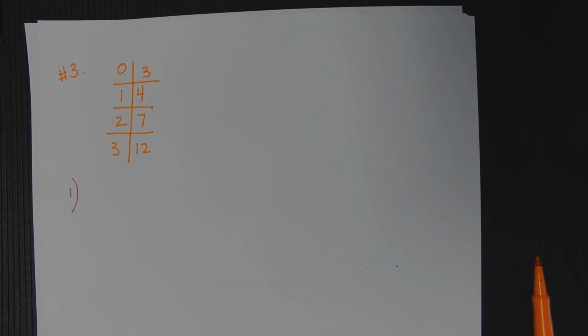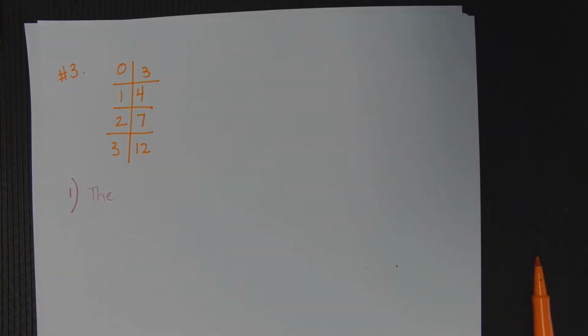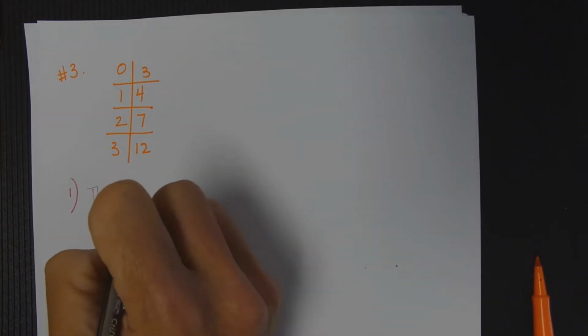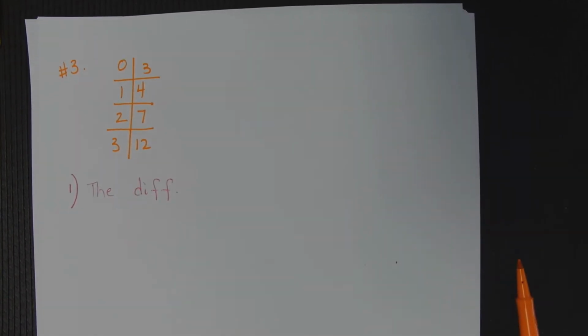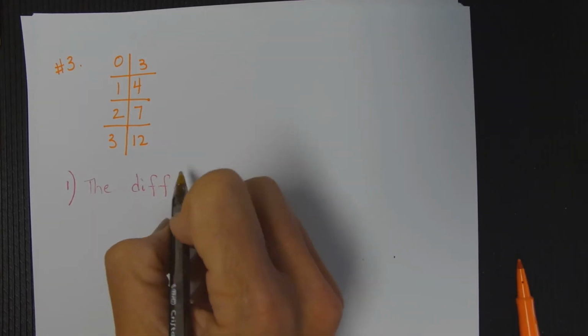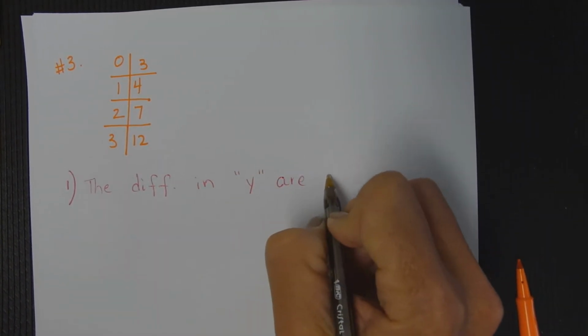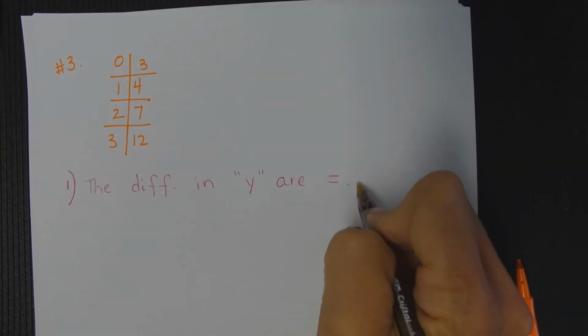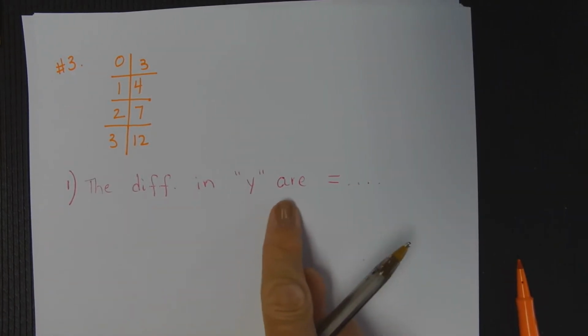If I said the word difference, what operation am I talking about? Subtraction. So let's look at the difference of y's. I'm going to abbreviate if y'all are okay with that. The difference in y's are equal.